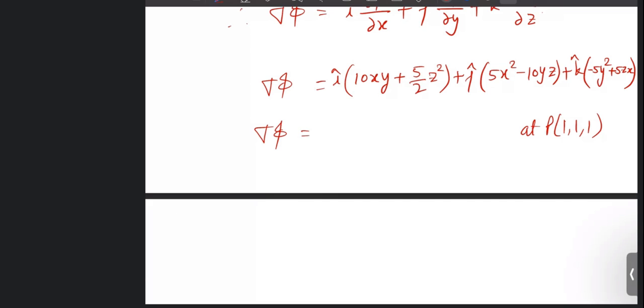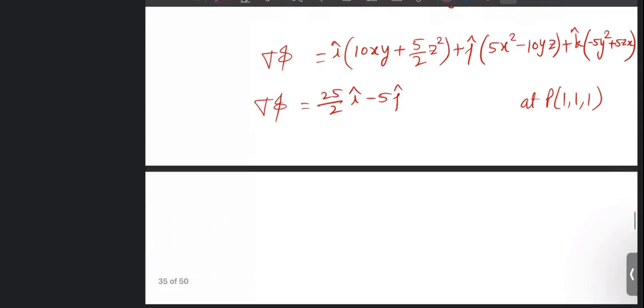That is 10 plus 5 by 2, combine with LCM 2, that is 25 by 2 i, and for j, 5 minus 10, that is minus 5j, and for k, minus 5 plus 5, that is 0k. This is the gradient of phi, and this is one factor to find out the directional derivative.